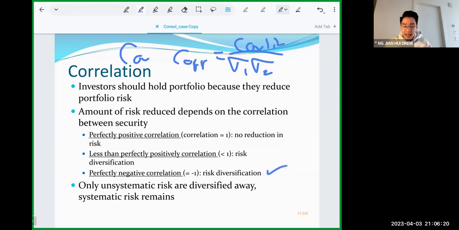Basically anything less than 1 will result in risk diversification where the risk is removed. And what is being removed is only the unsystematic risk, by diversification. So the systematic component will always remain.